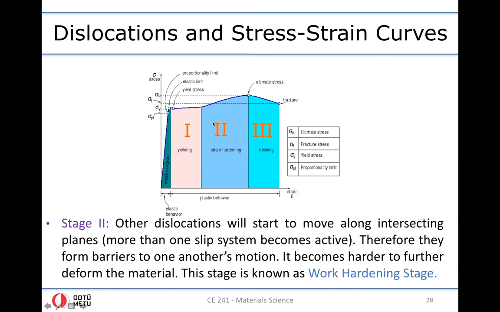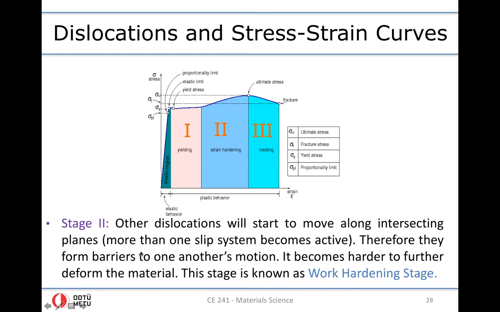In part two, on the other hand, as you see, this creep-like plateau has ended, and we see some, again, hardening. Other dislocations will start to move along intersecting planes, and therefore we have more dislocations active, and they start to interact.